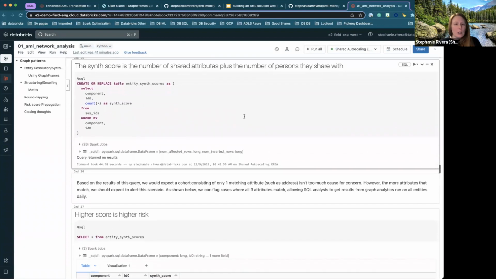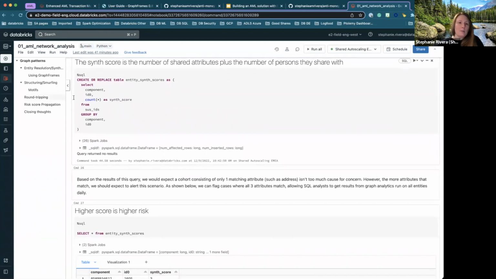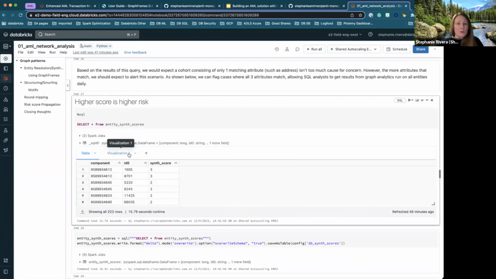So here we're going to create a score, basically by looking at how many other components and other attributes there are. Higher score is a higher risk. Here you can see we have the score now connected to both the component ID as well as the person on the left. So we are now calculating the score for each different identity.